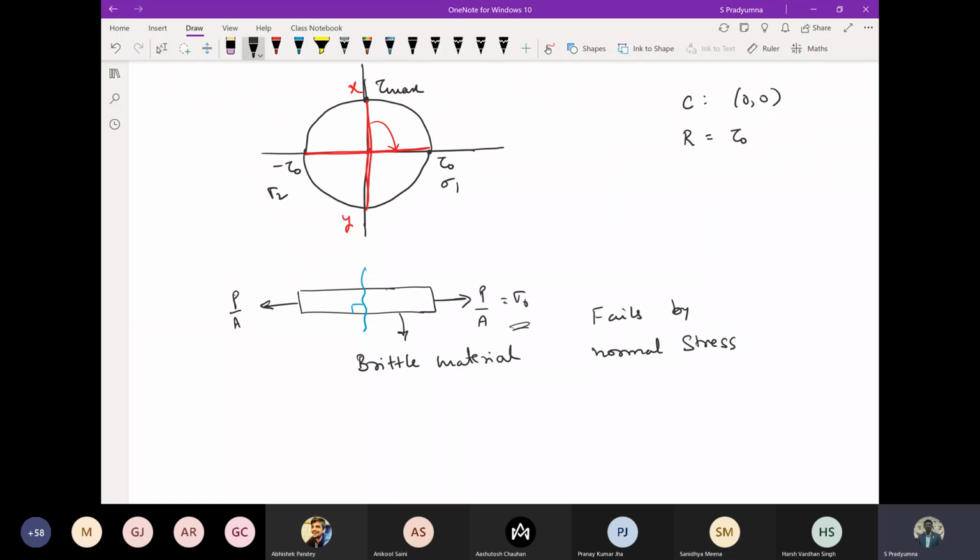If you take a brittle material, a piece of chalk, and twist it till it breaks, there is an angle of 45 degrees. When I twist the chalk, it breaks like this. Have you observed this?